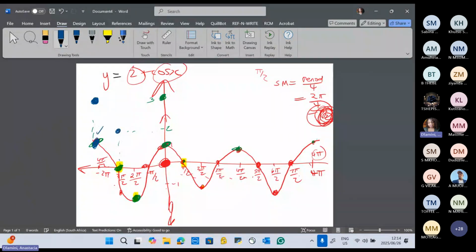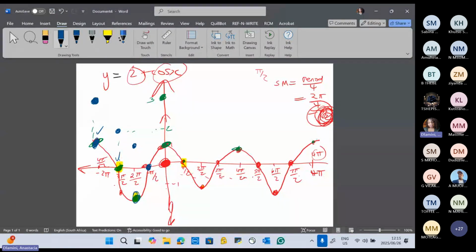We are done with this. The next point will go to 1. We add 2. And this point will go to 3. It's at 0, 2 units up, so it will go to 2.